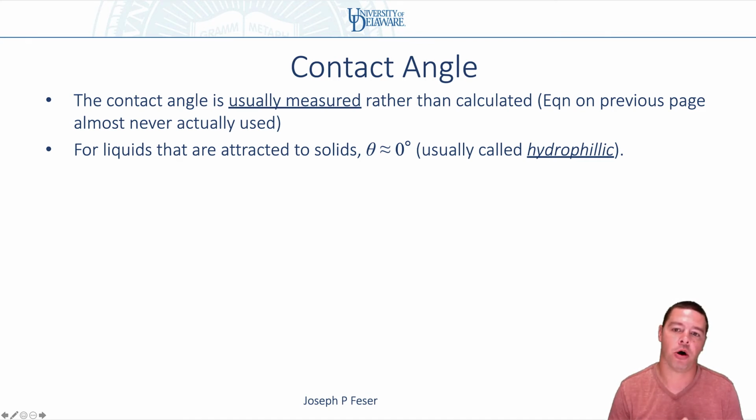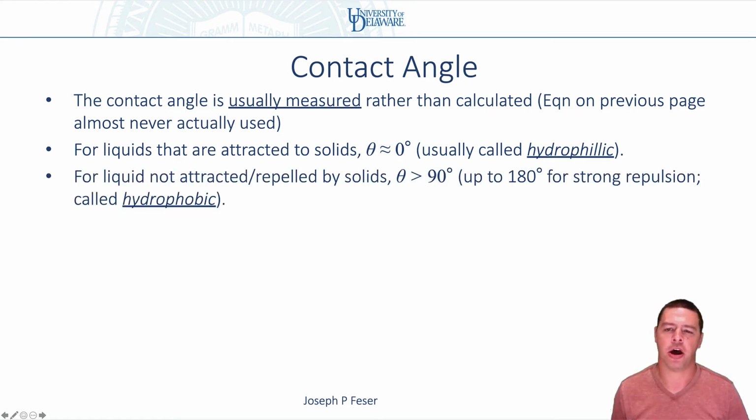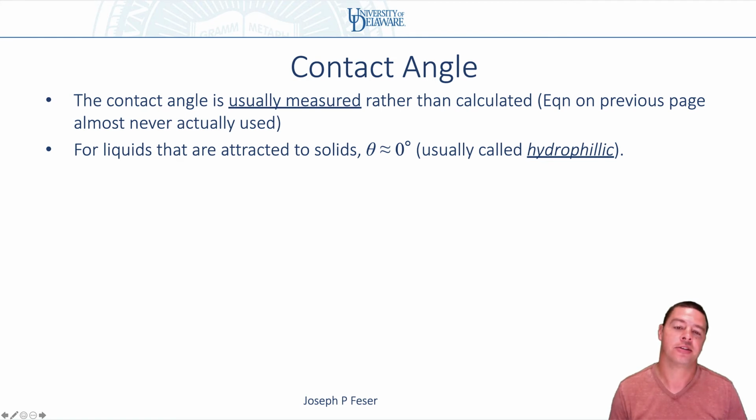In the case of water, that would usually be called hydrophilic. That means that the water is drawn towards whatever the surface is and tries to spread out. Another word for that is wetting, W-E-T-T-I-N-G. So some people will use the word wetting. A fluid wets a solid if it's attracted.